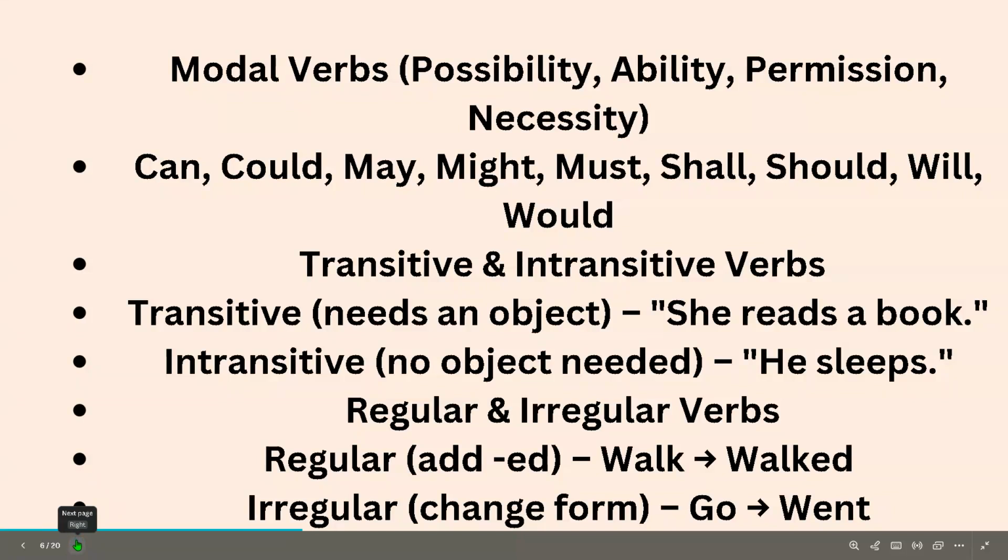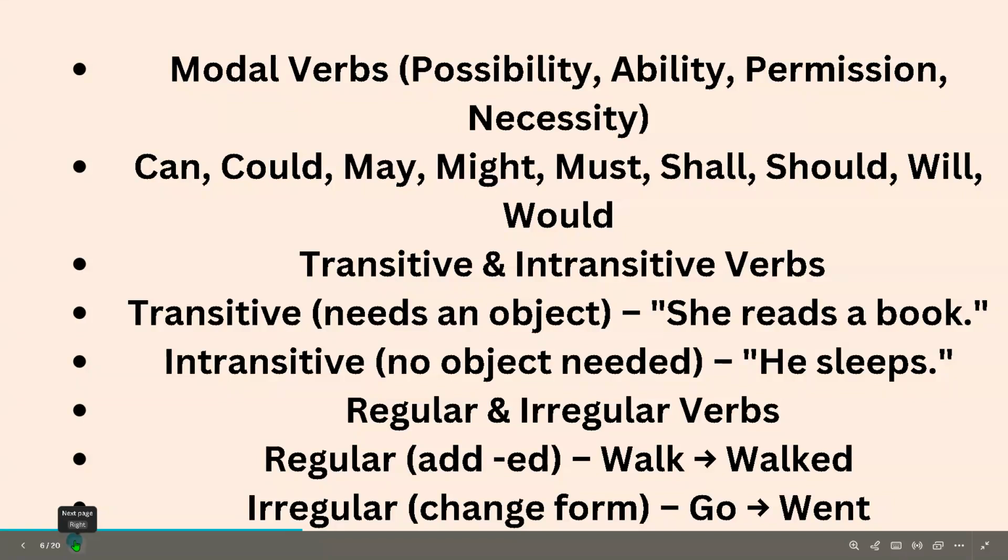May is permission. May I come in? So when I say may I come in, I'm just taking the permission. Might is possibility. Today it might rain. That means it may rain or it may not rain. Must means here necessity. Shall, should, will, would. All these are modal verbs which we use in our day to day life.